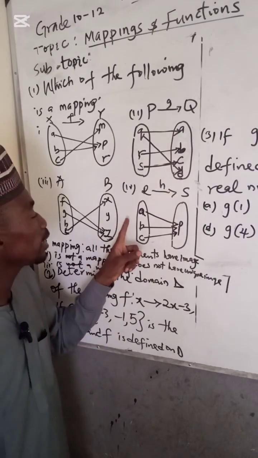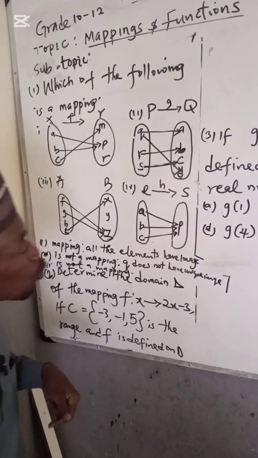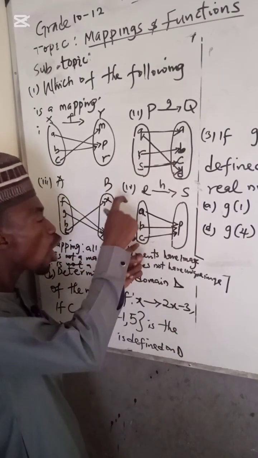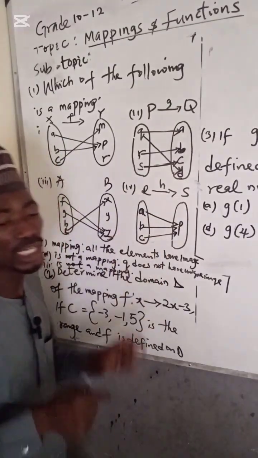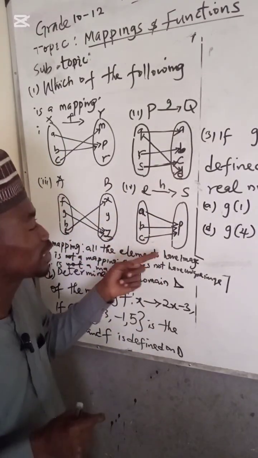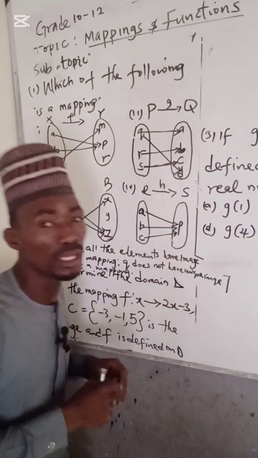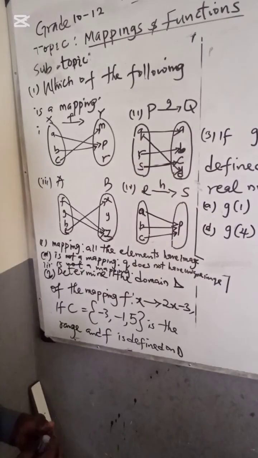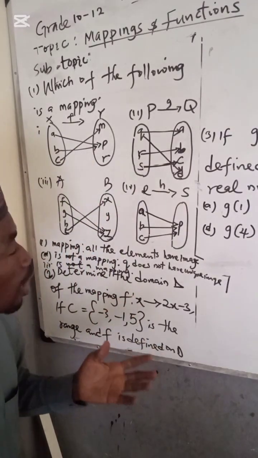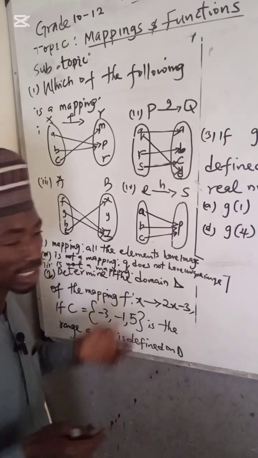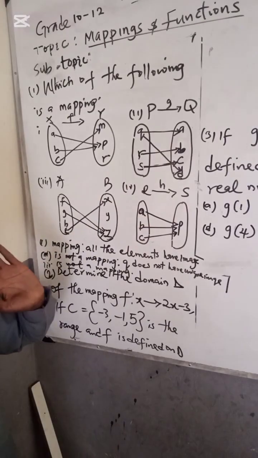Now, the constant mapping is a kind of mapping where all the elements in the domain have the same image. They have images, but the image is the same. That's what we call constant mapping. Make sure you do well by doing a little check. Google what constant mapping and identity mapping are for better understanding. But the most important one is the one we are doing now.